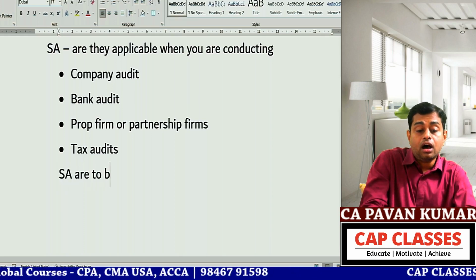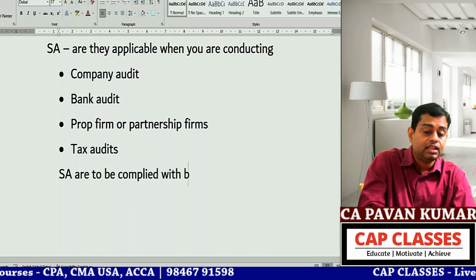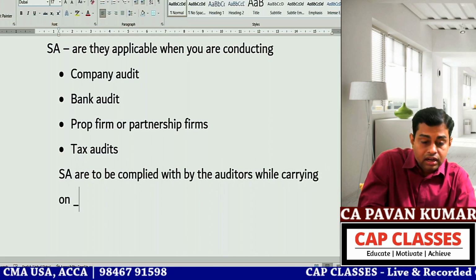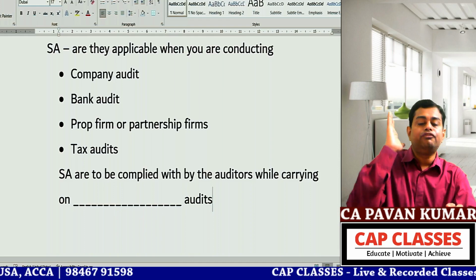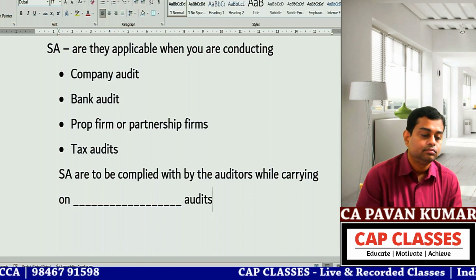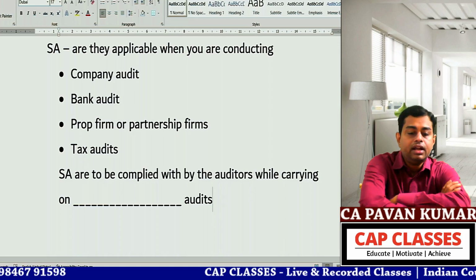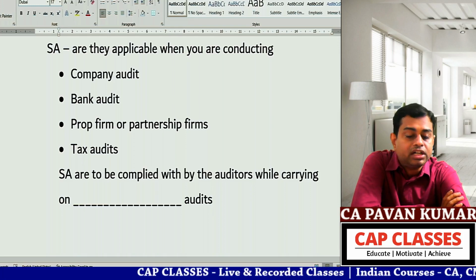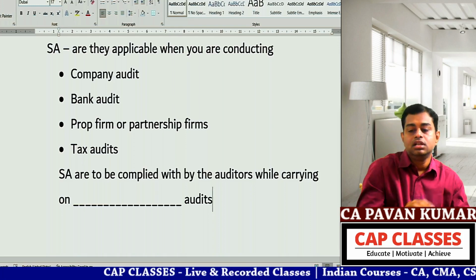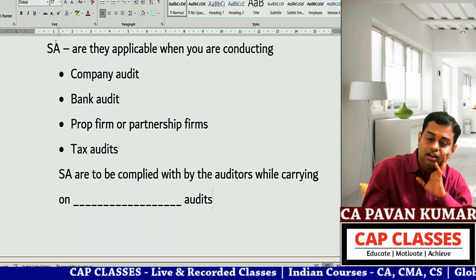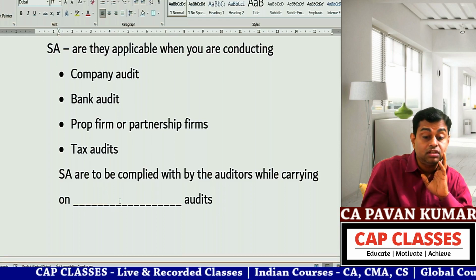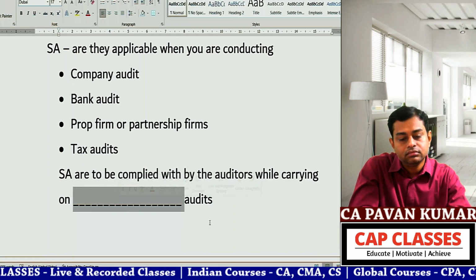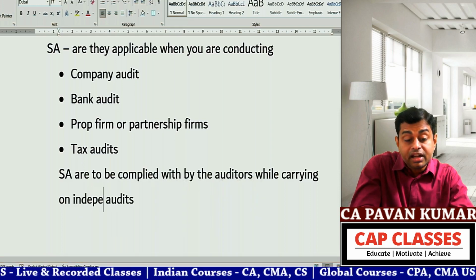Standards on audit are to be complied with by the auditors while carrying on dash audits. You fill in the blank. Statutory, no. External, no. ICAI used a super duper word here: independent audits.